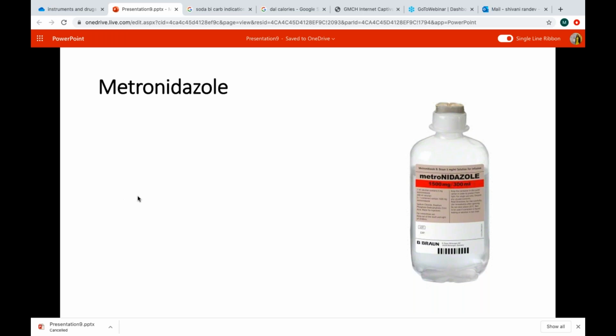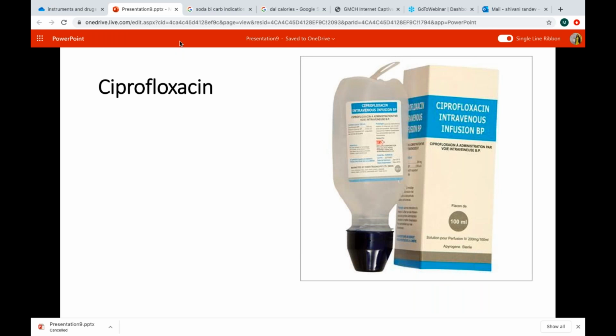Yes, very good. Anaerobic infections and amoebic infections, amoebic liver abscess. So in perforation also, whenever we suspect anaerobic infections, we use it. Abscesses, yes. In abscesses also we suspect anaerobic infections, so we use metronidazole.